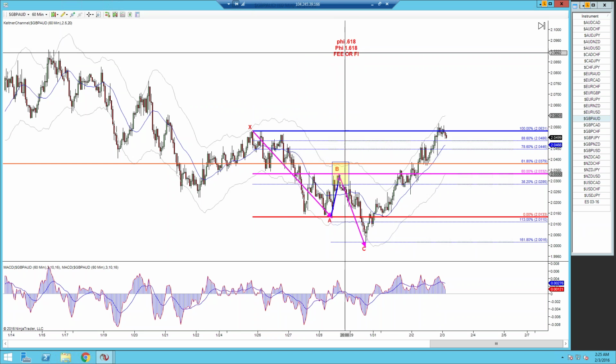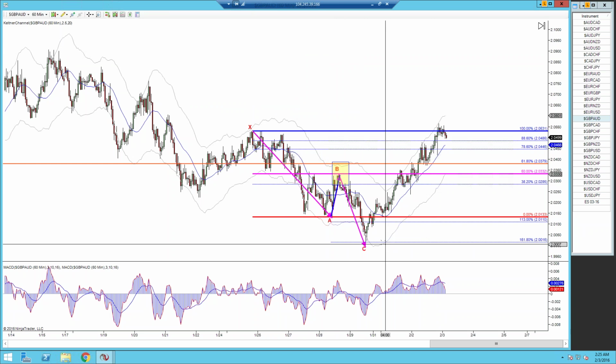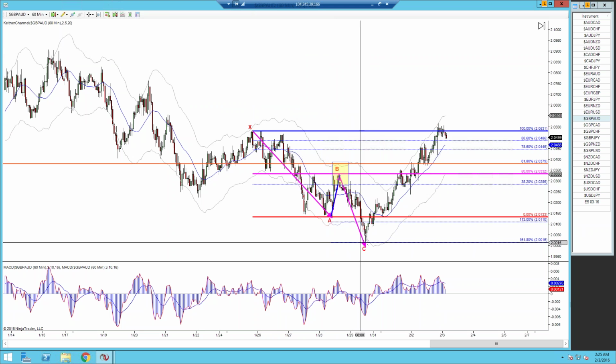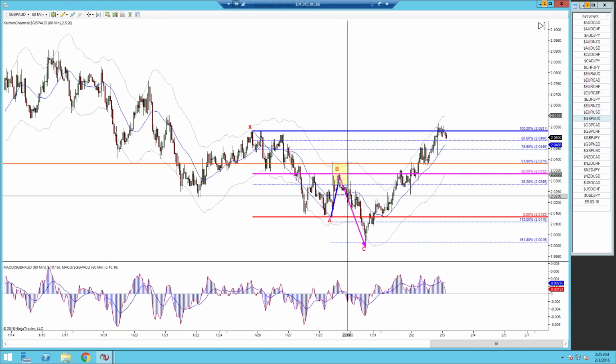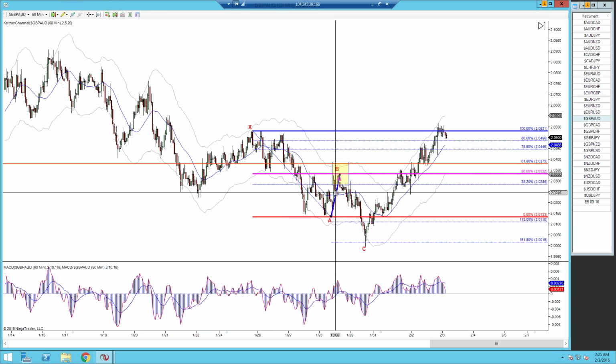I'm not going to really get too much into it, but as you can see, the 1.618 becomes a very, very important number down here. Now on the way up, let me get rid of some of this other stuff. I know I'm going back and forth a little bit because I just want to make sure we're all on the same page.